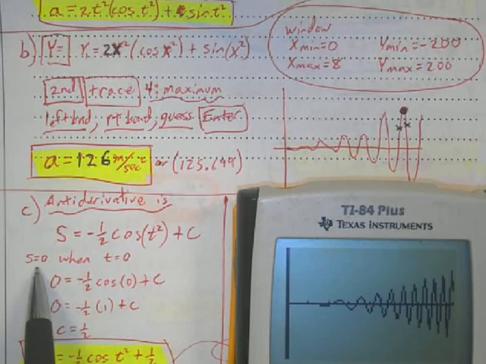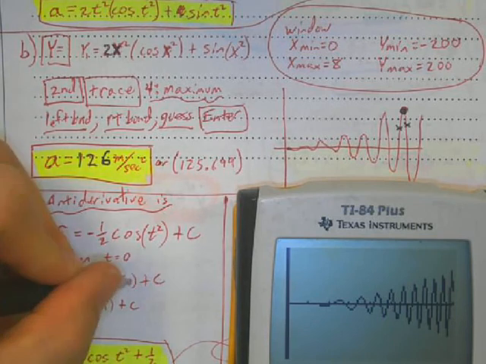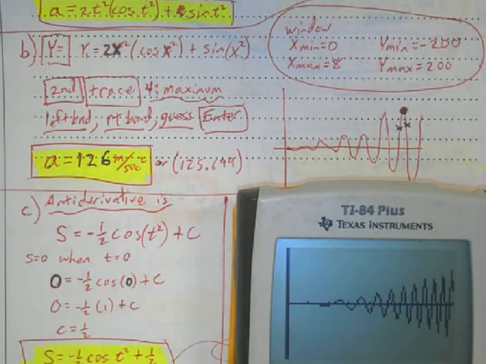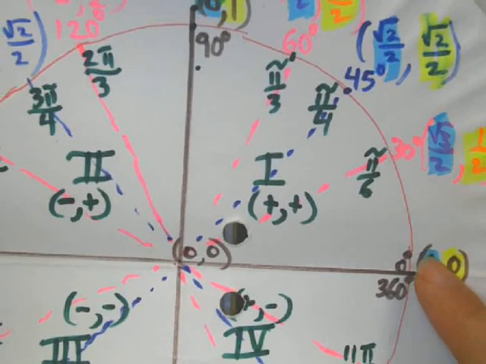So our starting position is 0 at time 0. So I'm going to replace the s with 0, and I'm going to replace the t with 0. Okay, and then if I get my unit circle, and if I have cosine 0, for my unit circle, cosine 0 is 1.